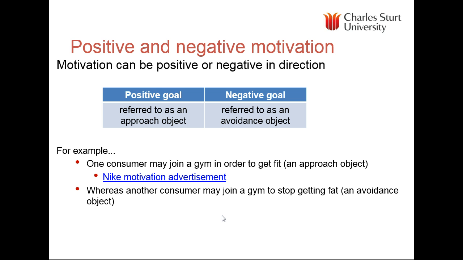So we can really see that there are both positive and negative types of motivations that can be used. Often we see negative motivation being used in public safety and what we call public service announcement type campaigns or social marketing.